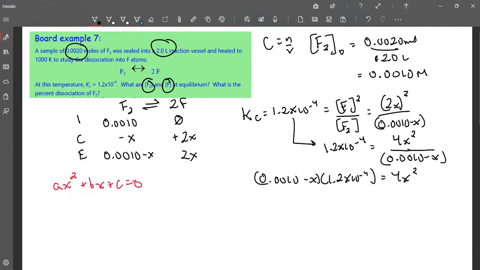And once you have it expanded in this form, then you can plug that into your quadratic equation. Okay, so we'll have to do that. Back to your grade 9 math class, you're expanding properly here. So this times that, this times this, bring this over to the other side, make this side 0. It will look like this. Your quadratic form is that times 10 to the negative 4 minus 1.2 times 10 to the negative 7 is equal to 0.